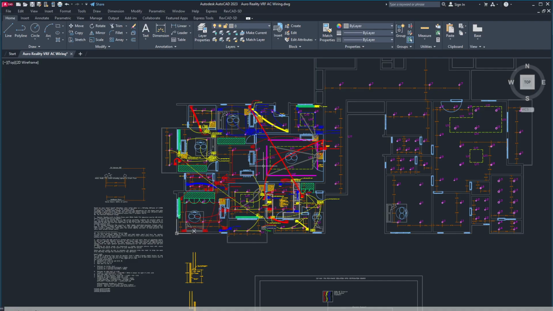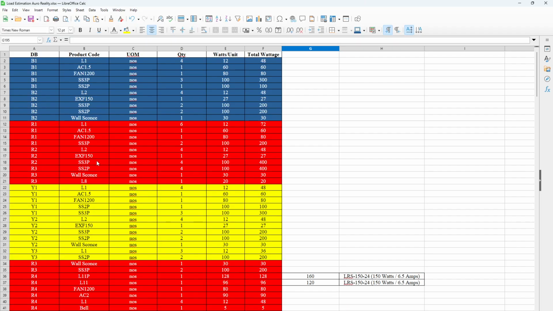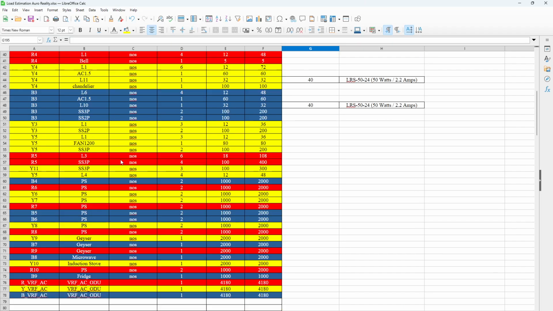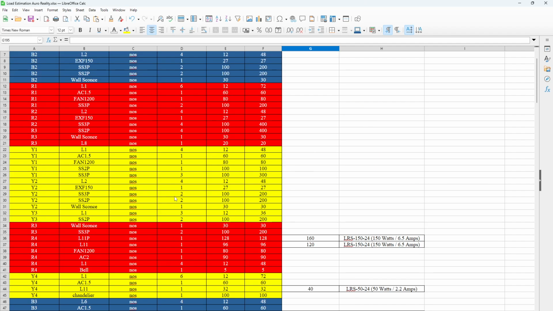If you don't get this analysis done, what will happen? Your transformer will trip. One phase will always be losing power. Two phases will be on, one phase will lose the power. The one which has maximum load will always trip. So it is very crucial.